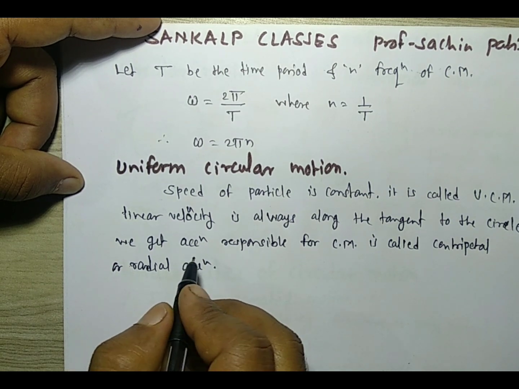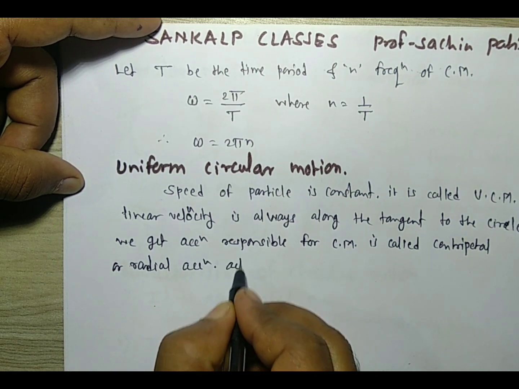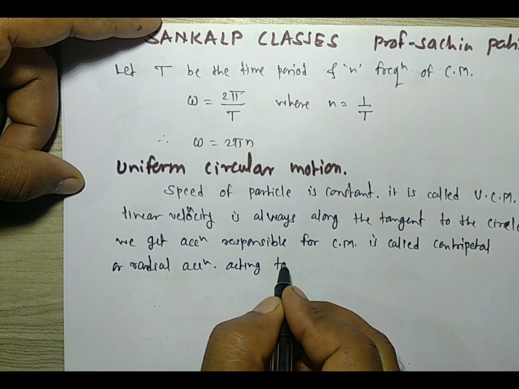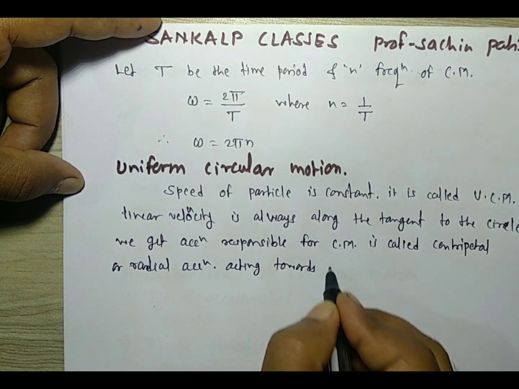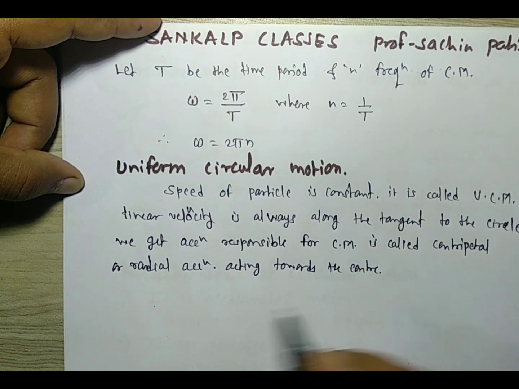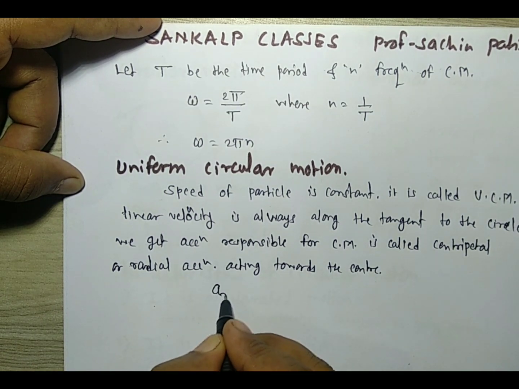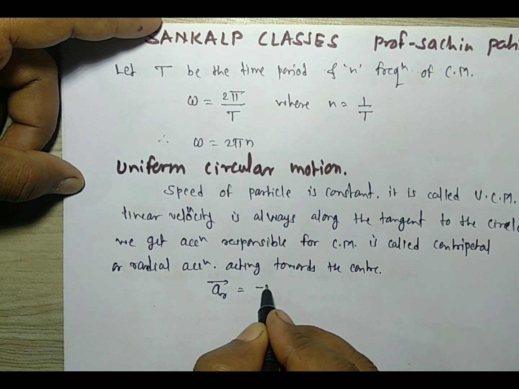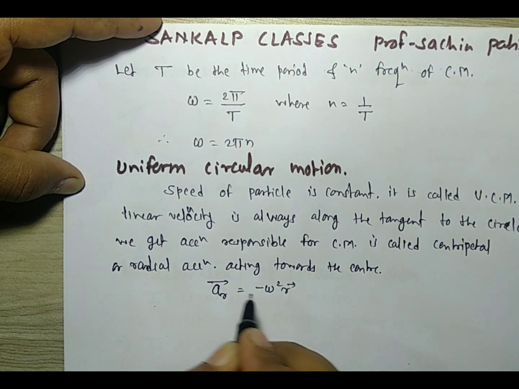It is acting towards the center, and it is given like this: a r bar is equal to minus omega square r bar.